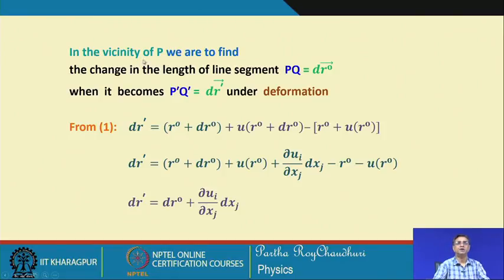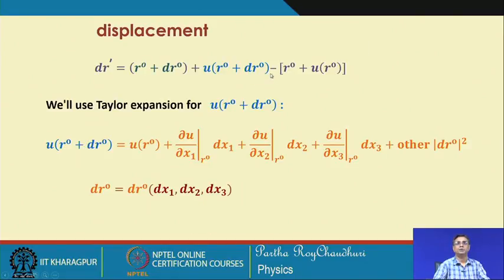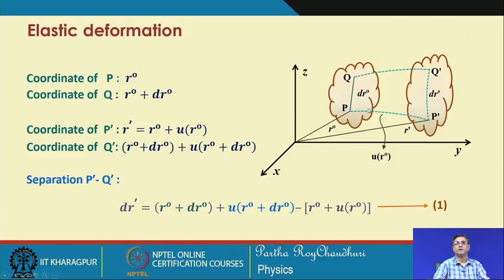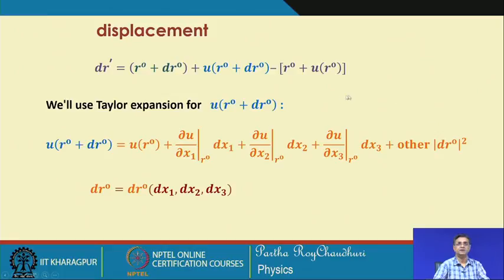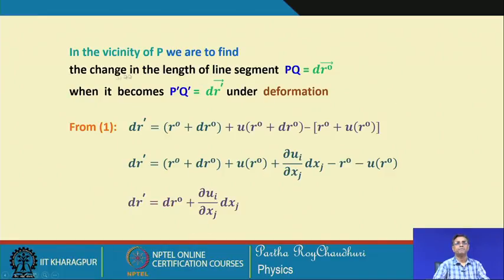So, in the vicinity of P, we want to find the change in the length of the segment P Q. We started with a length P Q, and now under deformation it has gone to P dash and Q dash.